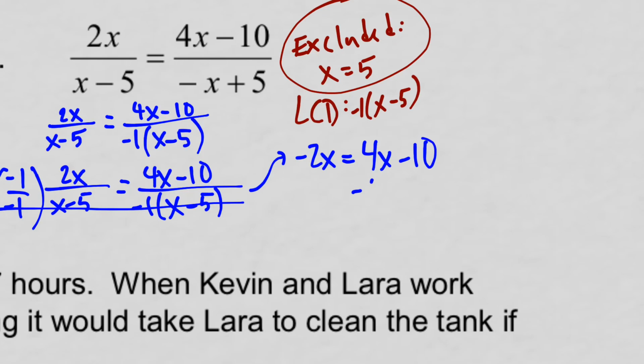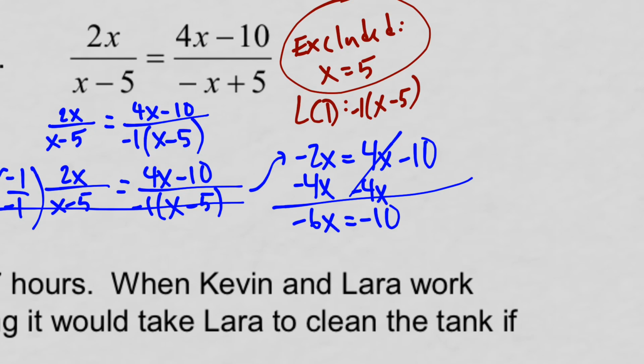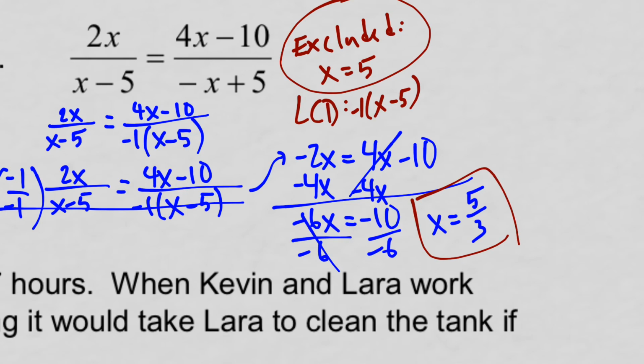Next, I'm going to subtract 4x from both sides. That's going to be negative 6x equals negative 10. We're going to divide by negative 6. And so x equals 10 over 6, which is 5 over 3. There you go. Compare it to the excluded value, which was positive 5. So no contradiction there. Your solution is correct. This is fine.